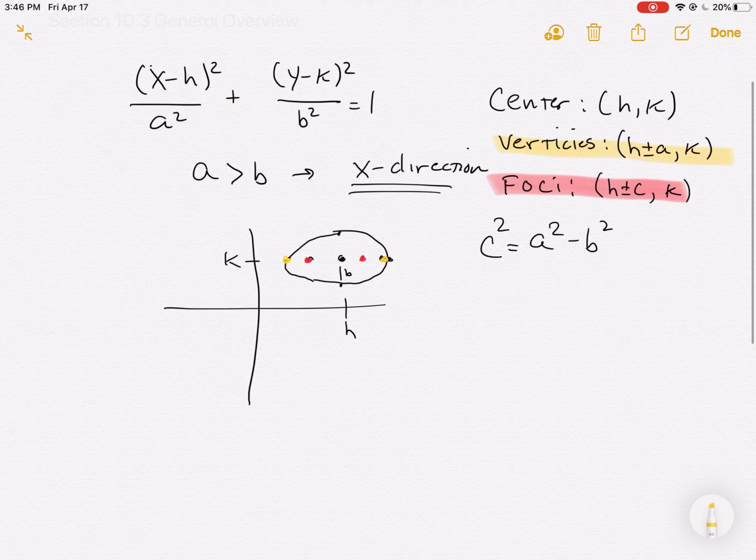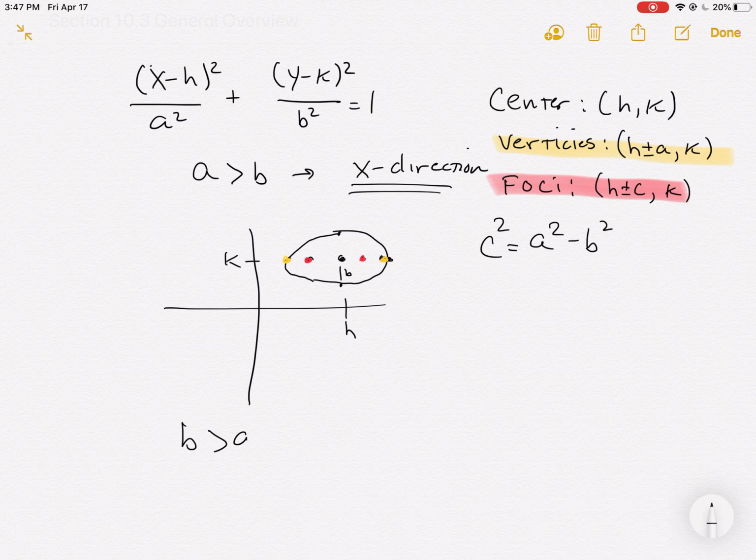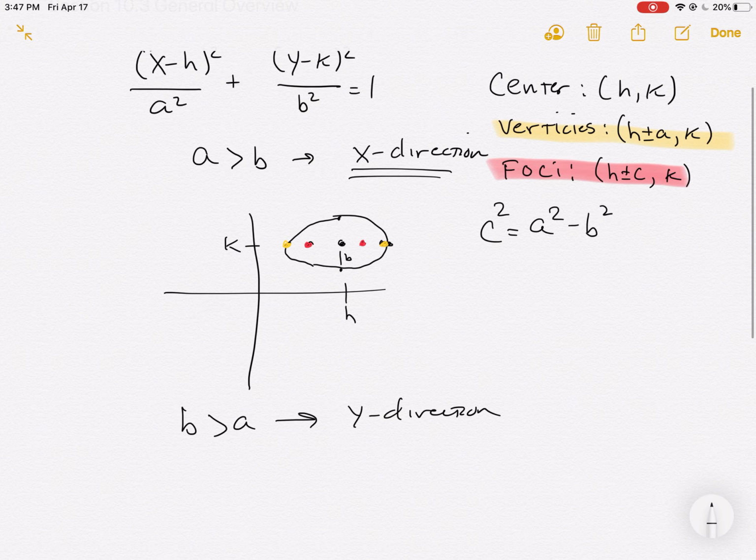If for some reason, well, we'll see it sometimes, we'll see that B is bigger than A, then everything would happen in the y direction. And so your center would still be at HK. But since B is bigger than A, we're going to apply B to that.